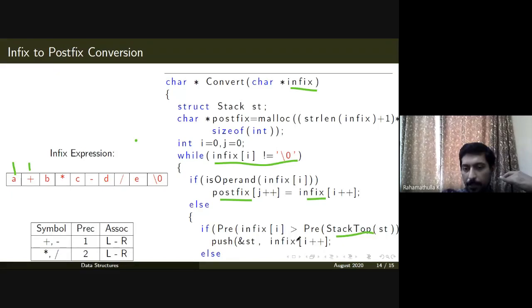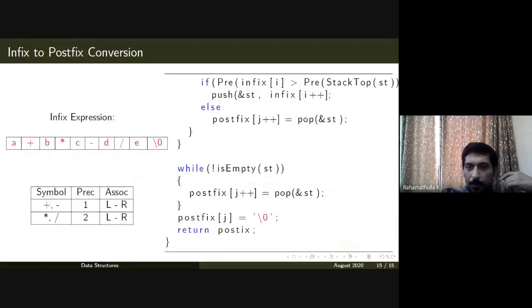If the incoming operator has higher precedence, then you push that entry onto the stack. Otherwise, you pop the entry from the stack.